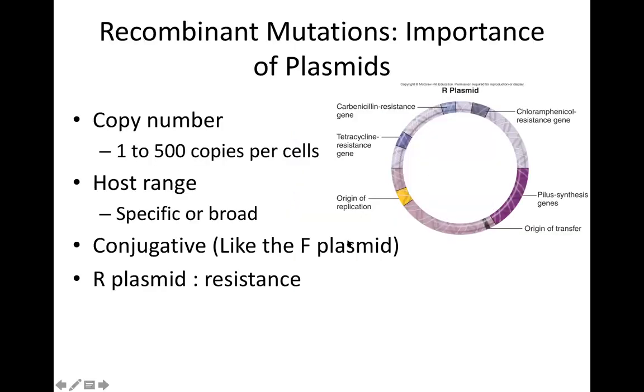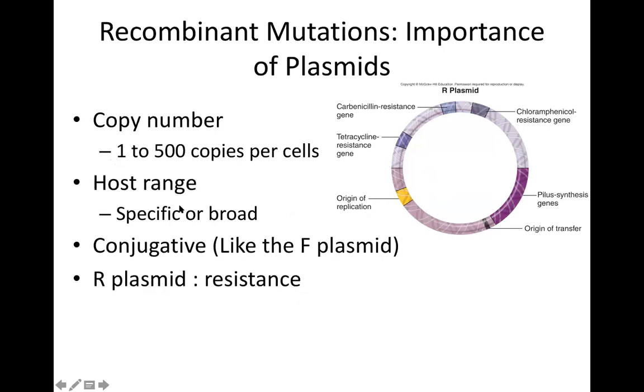So again, with plasmids, there can be a lot of plasmids in a cell. Cells could actually have 0 to 500 copies of a plasmid. So again, a lot of different DNA. Host range, so I say specific or broad.